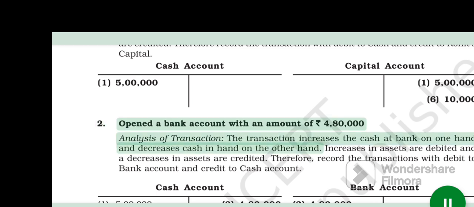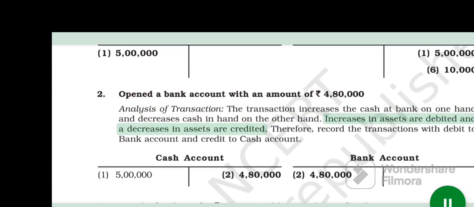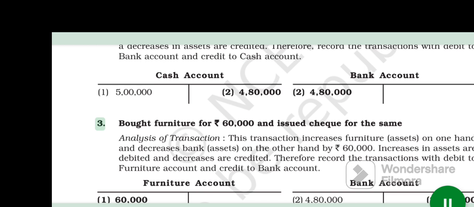2. Opened a bank account with an amount of ₹480,000. Analysis of transaction: the transaction increases the cash at bank on one hand and decreases cash in hand on the other hand. Increases in assets are debited and decreases in assets are credited. Therefore, record the transaction with debit to bank account and credit to cash account. 3.